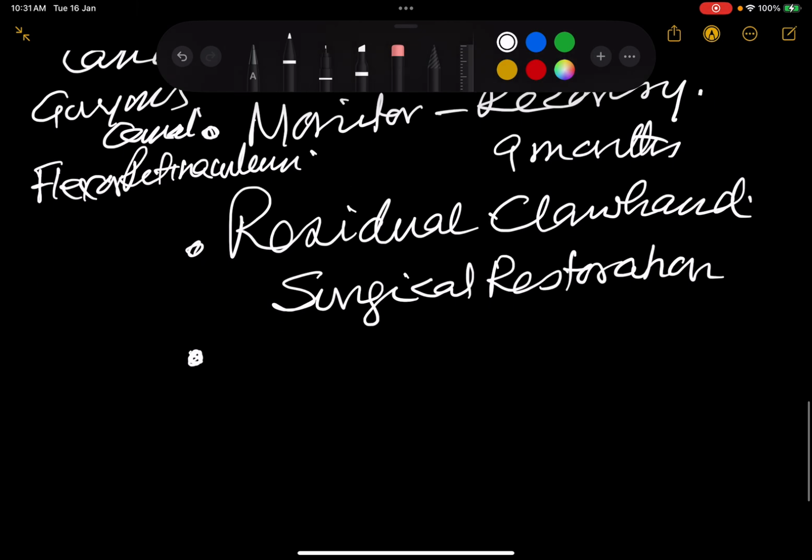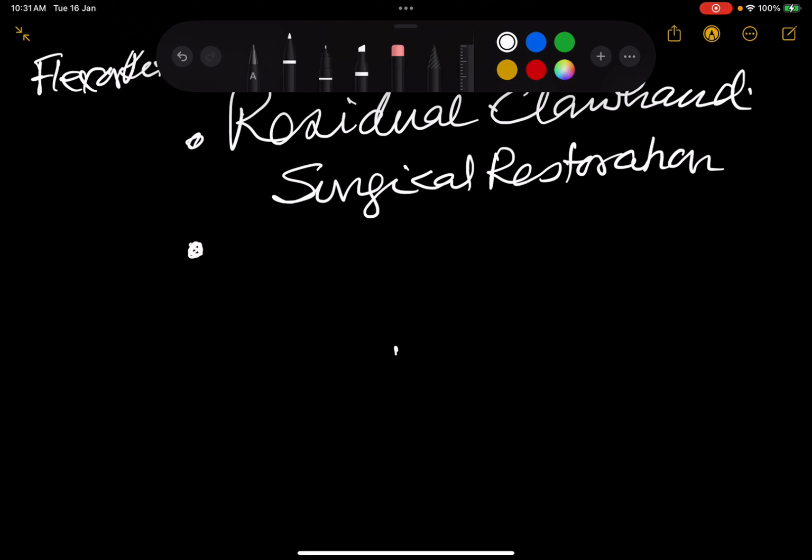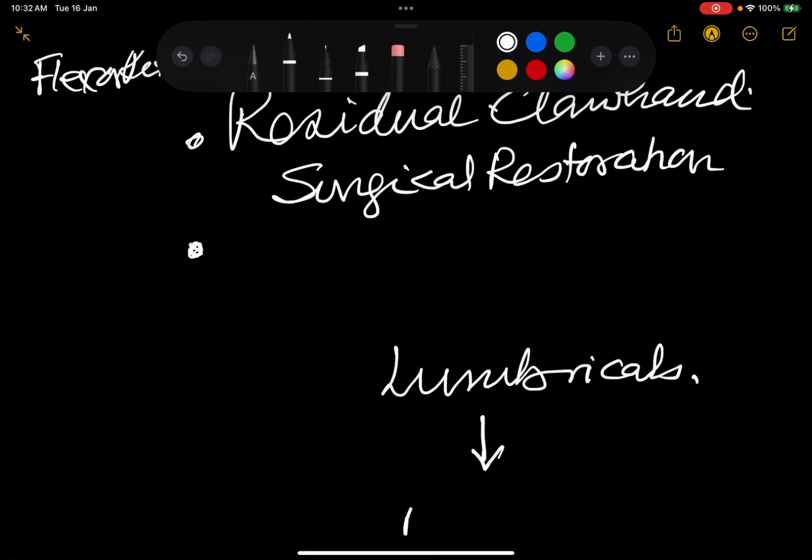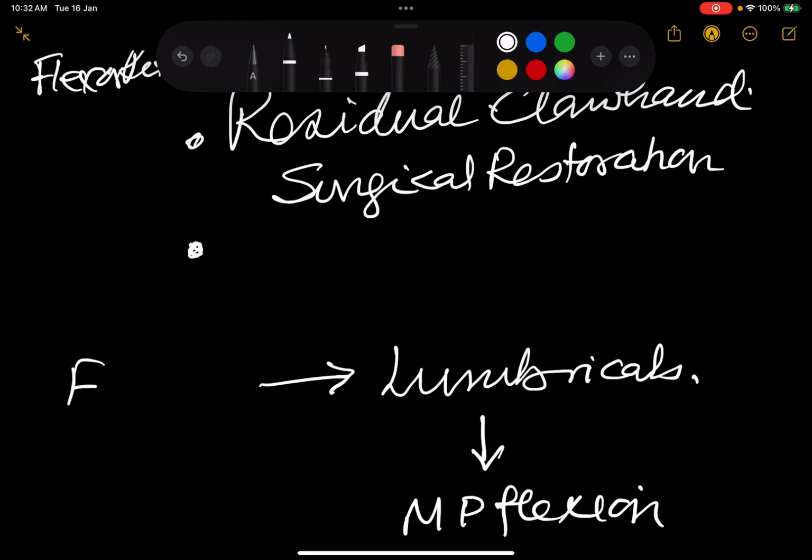Now what do you do in surgical restoration? So you have to restore lumbricals. And what the lumbricals are doing, basically MP flexion, metacarpophalangeal. So lumbricals can be restored by the FDS, flexor digitorum superficialis of third or second finger. This is called as Bunnell's operation.